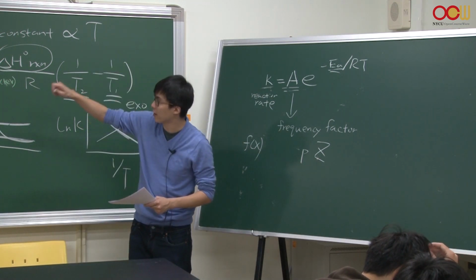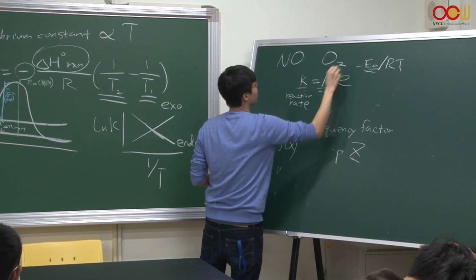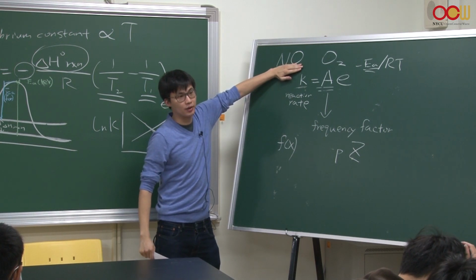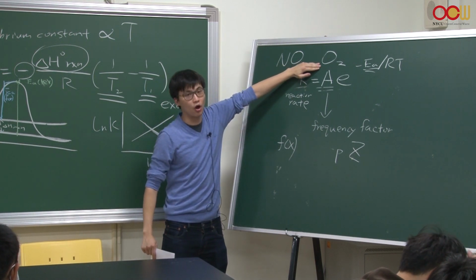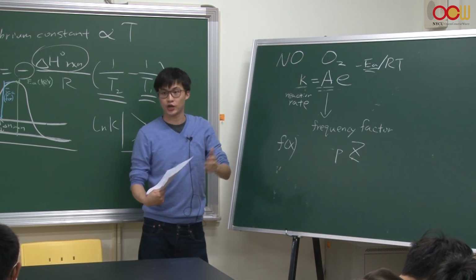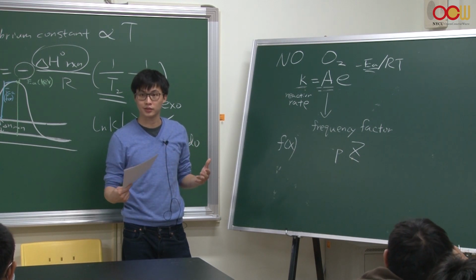If you think about NO and O2, for a reaction to happen, it has to hit the O2 at the right position where they can exchange electrons, where they can start sharing electrons to form new bonds.